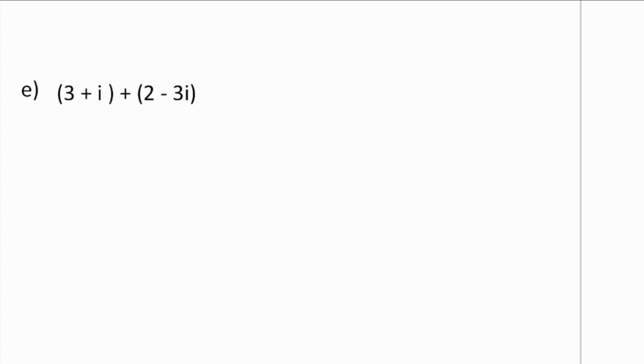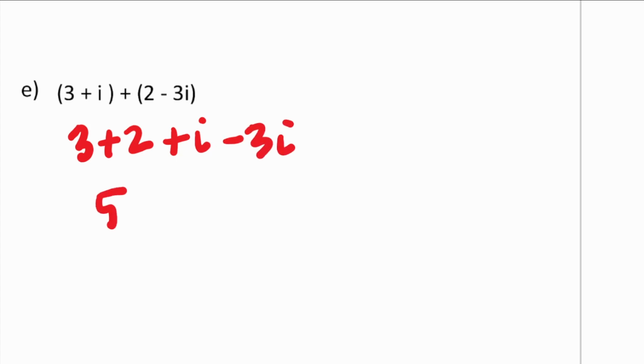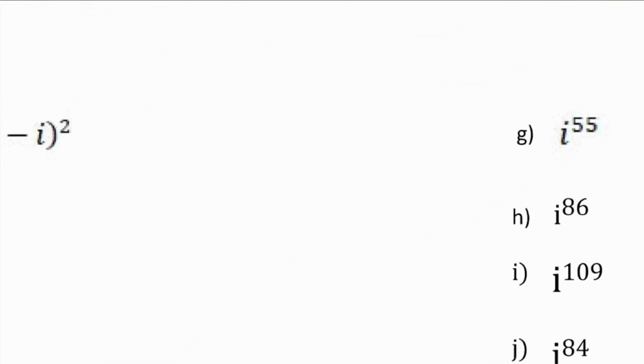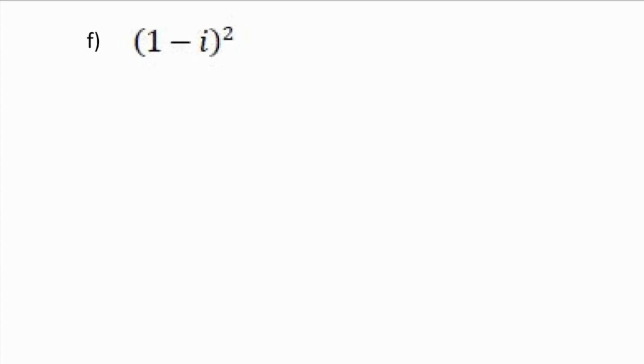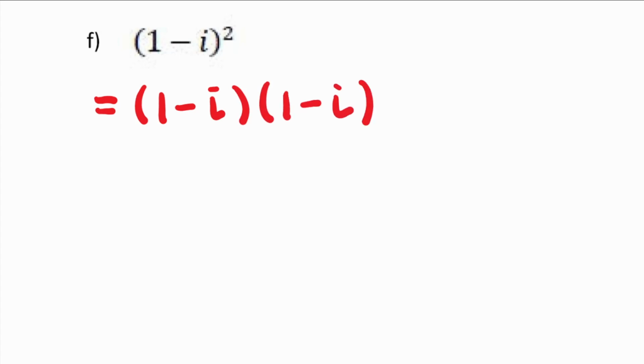All right, the next one, 3 plus i plus 2 minus 3i. I don't know, you could just rearrange them and combine like terms. That's all we're doing when we're adding complex numbers, is combining like terms. For 1 minus i squared, just got to remember to do 1 minus i multiplied by 1 minus i.